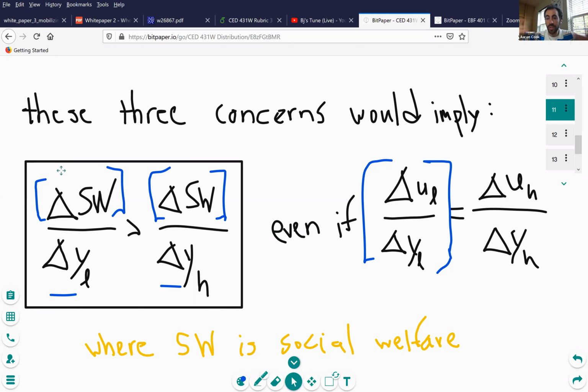It's an extra effect of society overall being better off, having less destruction of property or fewer injuries as a result of a more equal distribution. Okay, so that was the second justification.